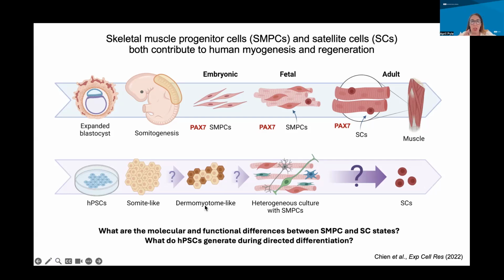We've studied this in age-matched human developmental tissues to understand what we're making in a dish. And then we have developed different protocols over the years to understand what the right supportive cells are that need to be there in the skeletal muscle differentiations to eventually give rise to the gold standard muscle stem cells, or satellite cells.